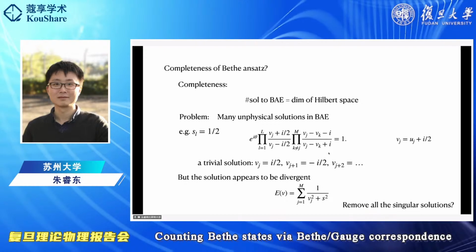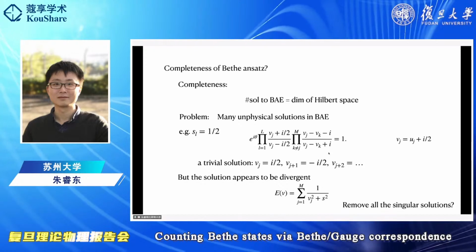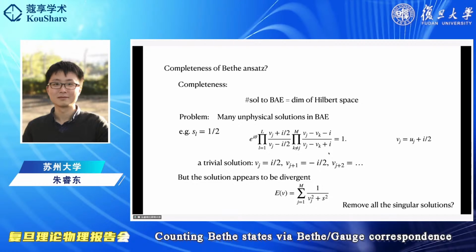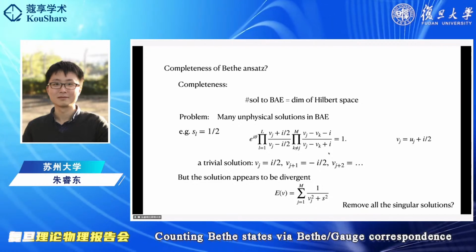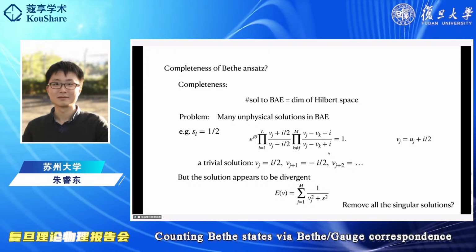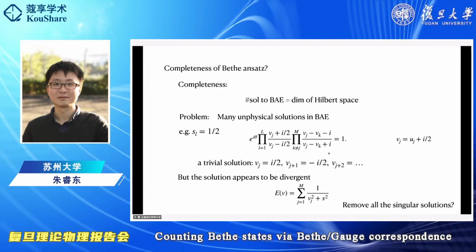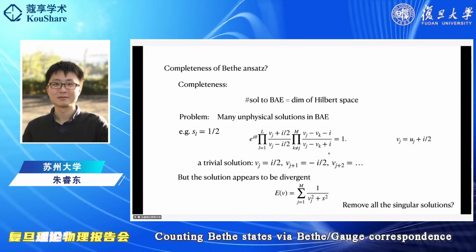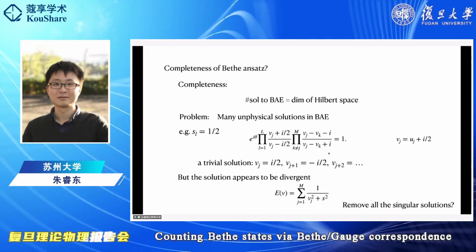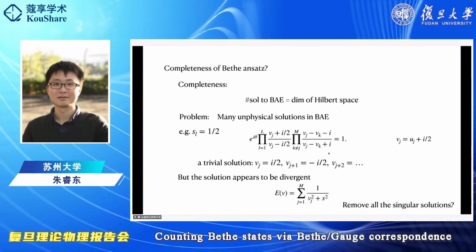So if we multiply this equation by the denominator on the right, we will see this will be 0 equals 0. This is always satisfied. So when we try to solve this Bethe equation, we will always find this kind of solution. However, if we really consider this solution, we will see that the energy of this solution usually is divergent.